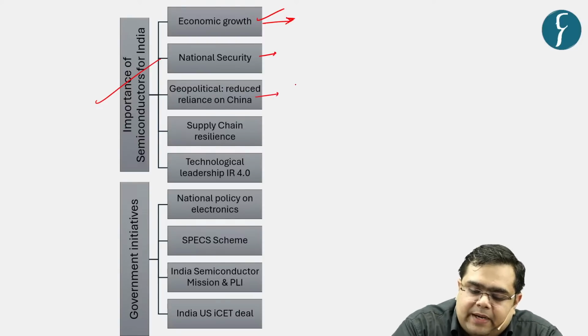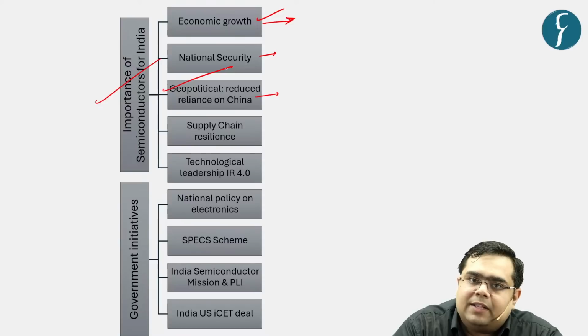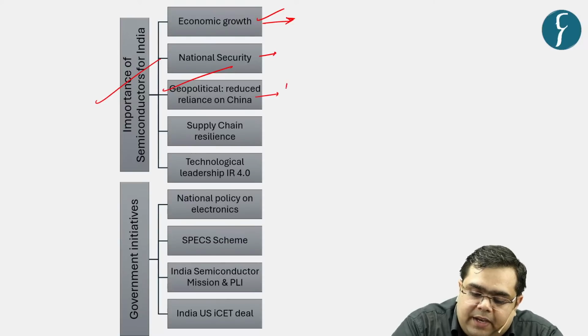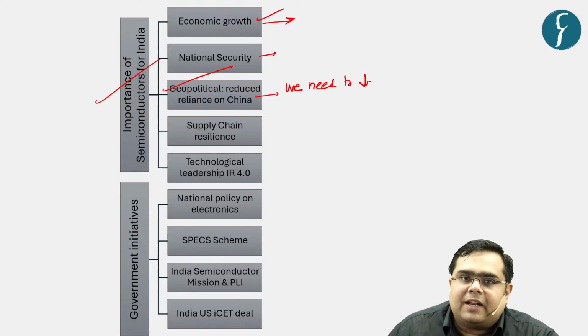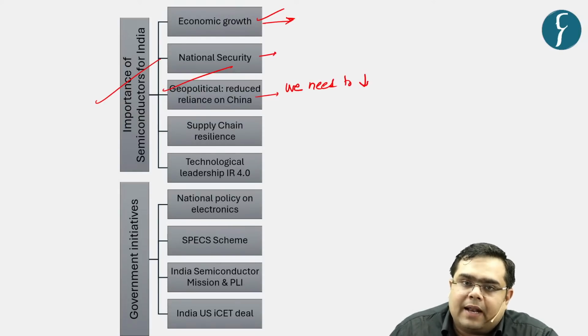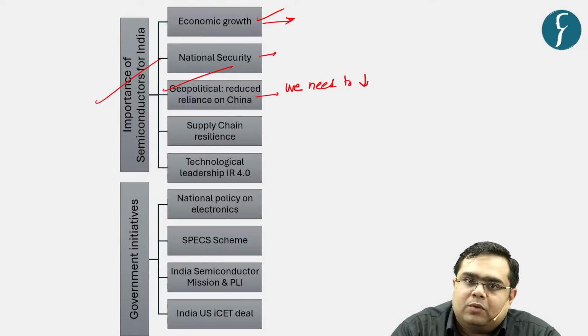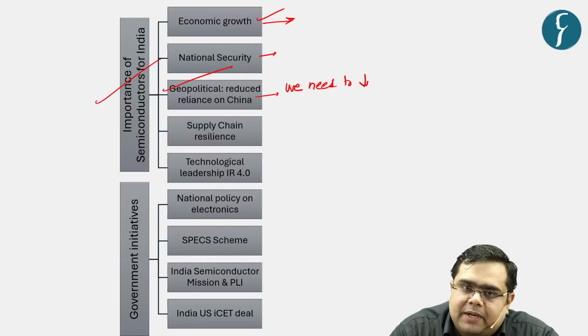Then the third aspect is with respect to geopolitics, that is, reduced reliance on China. We need to reduce our reliance on China. Why? Because at the time of the Galwan clashes, we saw that China was able to interrupt or disrupt our supply chains with respect to some critical minerals and raw materials.